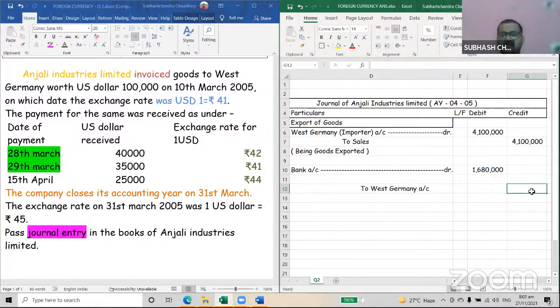So you will receive 16,80,000 in bank account, but in West Germany we will credit it by 41 only.